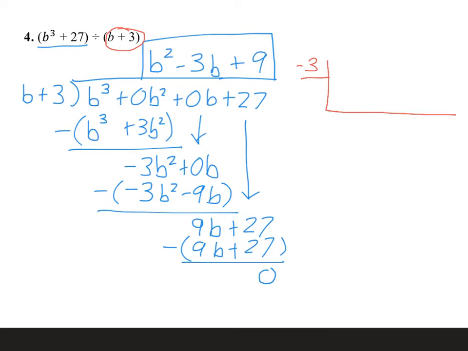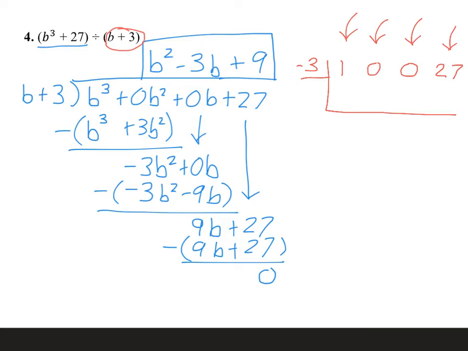Anytime they skip a power on the variable, you need placeholders. So there is 1b cubed. There are 0b squared. There's 0b to the first. And then a number without a variable means the variable is to the 0 power. So this was b to the third, b squared, b to the first, b to the 0.